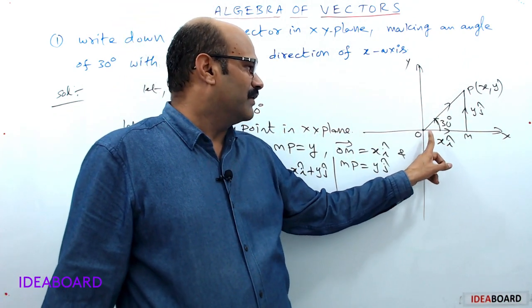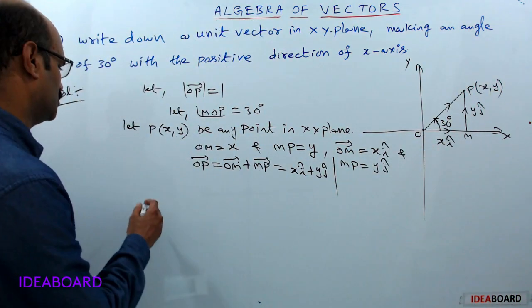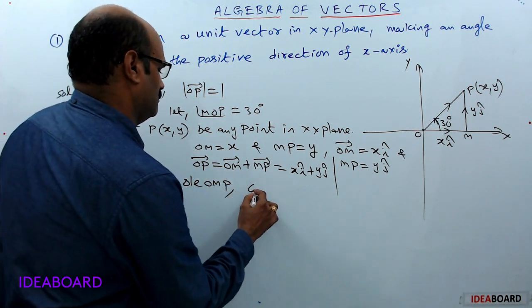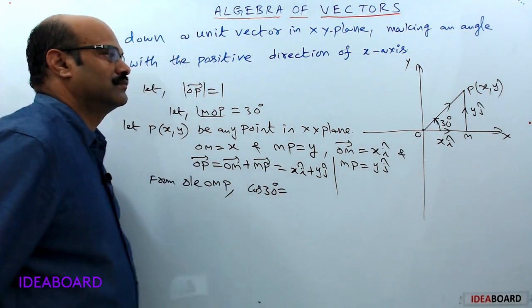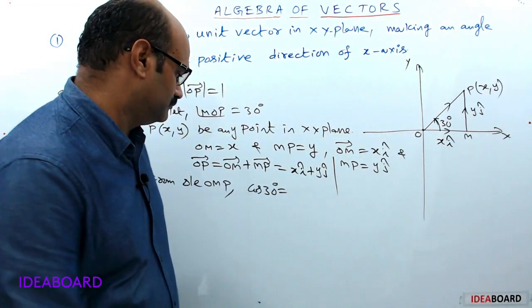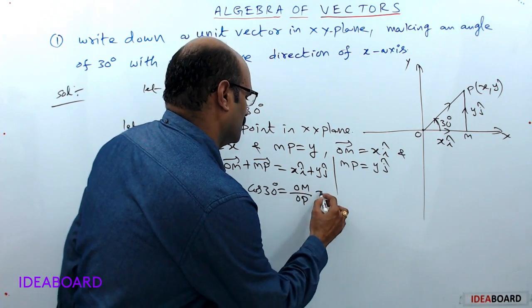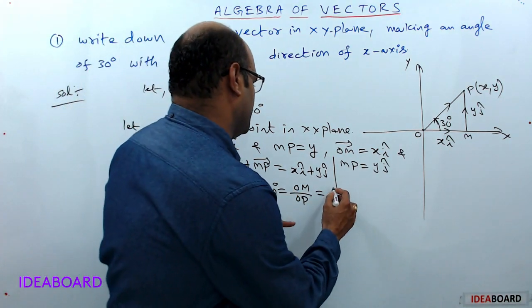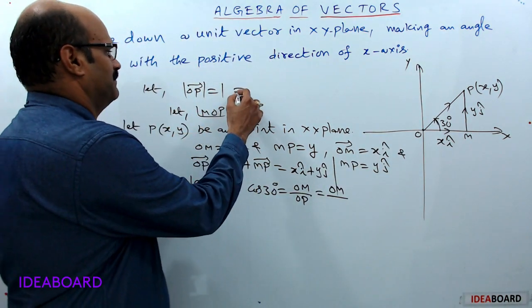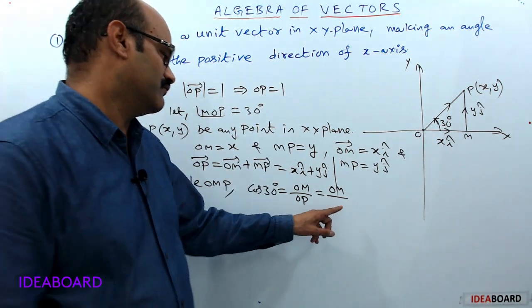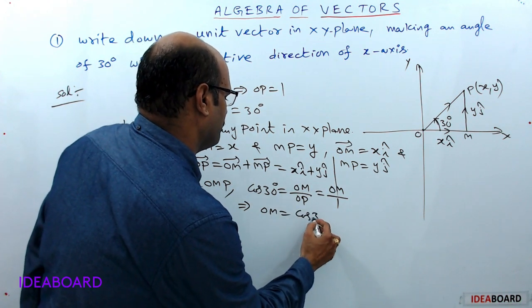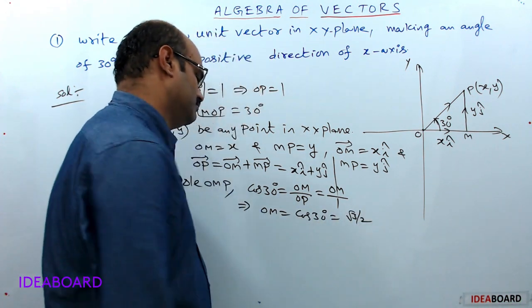Now from triangle OMP, cos 30 equal to OM upon OP, and the length of OP equal to 1. Therefore OM equal to cos 30 equal to root 3 by 2.